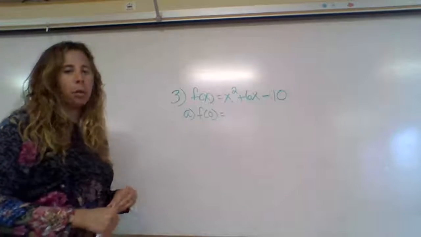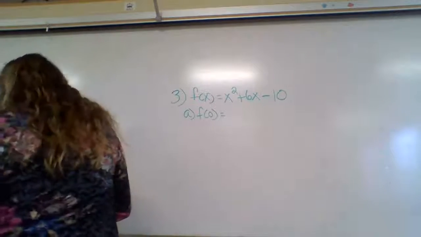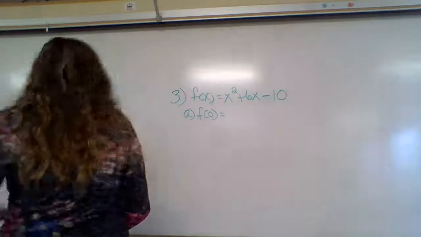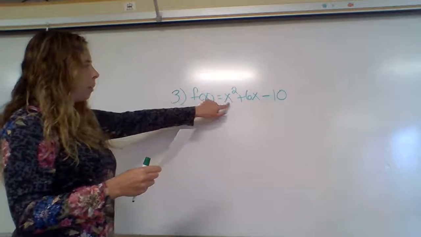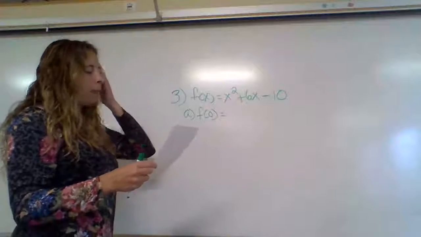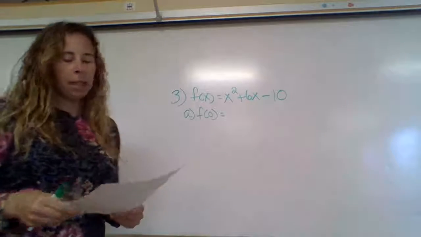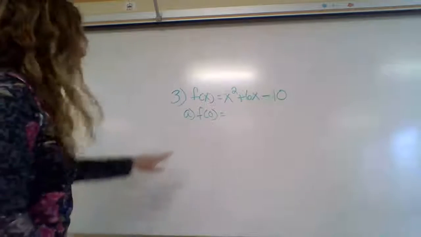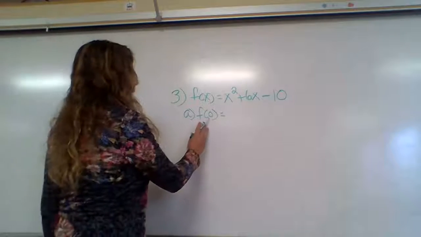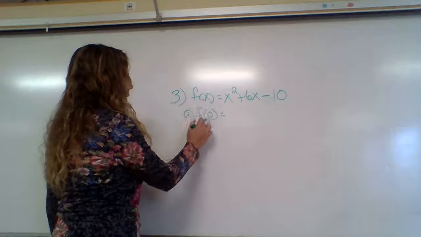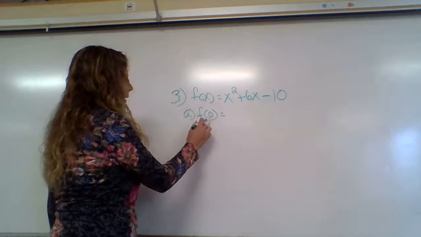All right, number 3. Given the equation f of x equals x squared plus 6x minus 10, find the following. And then you have a, b, c, and d. The first one is f of 0. Notice the 0 is where the x is. So you're substituting 0 in for x.